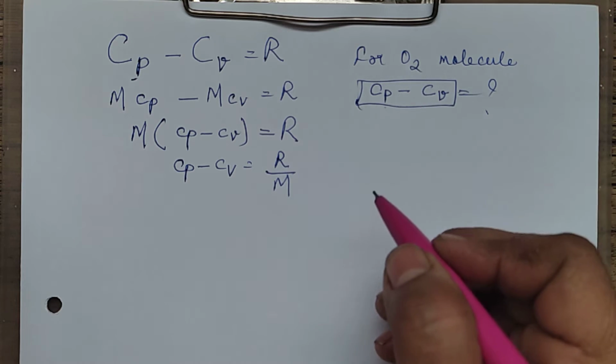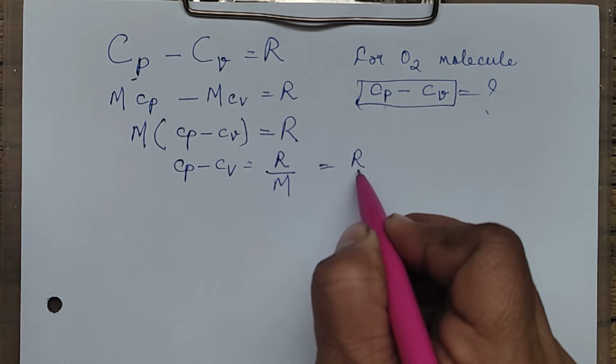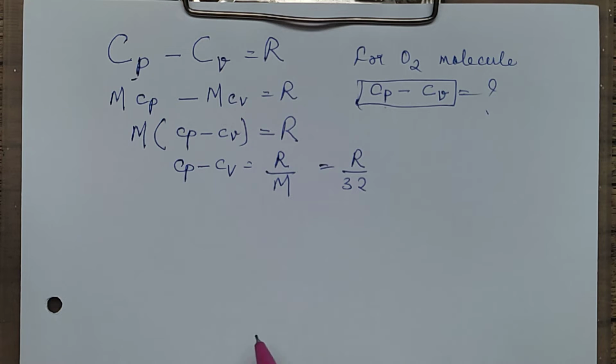The molecular mass of the oxygen molecule is 32, so it is R by 32. So this question can be asked like this also.